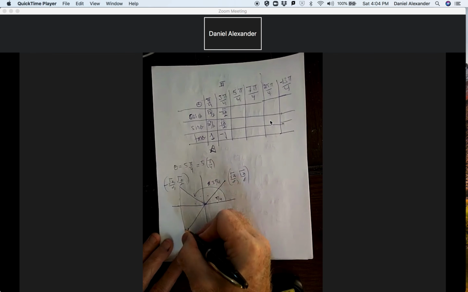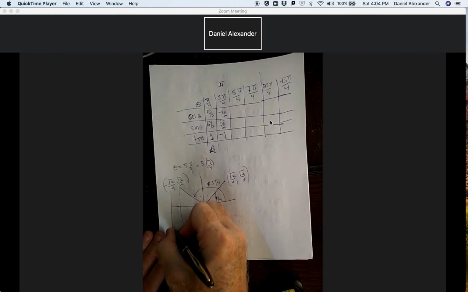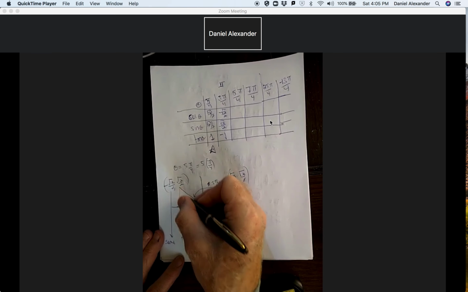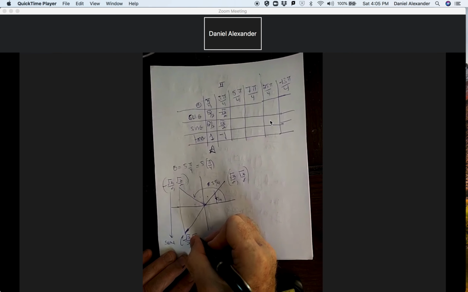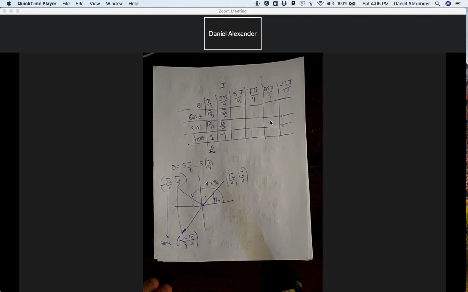Notice same x-coordinate. So this is going to have the same x as here, but the opposite y. So this point here is going to be still minus square root of 2 over 2. The y-coordinate is going to be negative square root of 2 over 2, because as we noticed, y is negative in this quadrant.